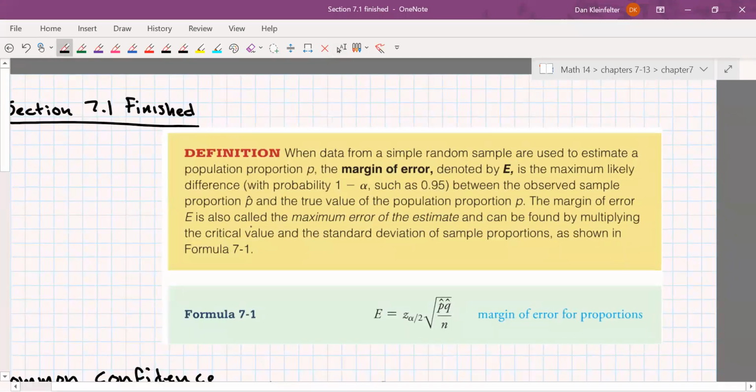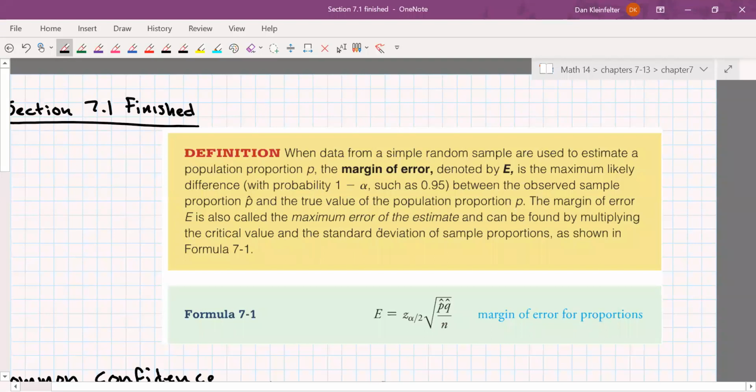So this definition is repeated from before, just for your reference. You already have it in your notes. It says when data from a simple random sample are used to estimate a P, a population proportion, the margin of error, which is capital E, is the maximum likely difference between the observed sample proportion, P hat, and the true P. It's also called the maximum error of the estimate.